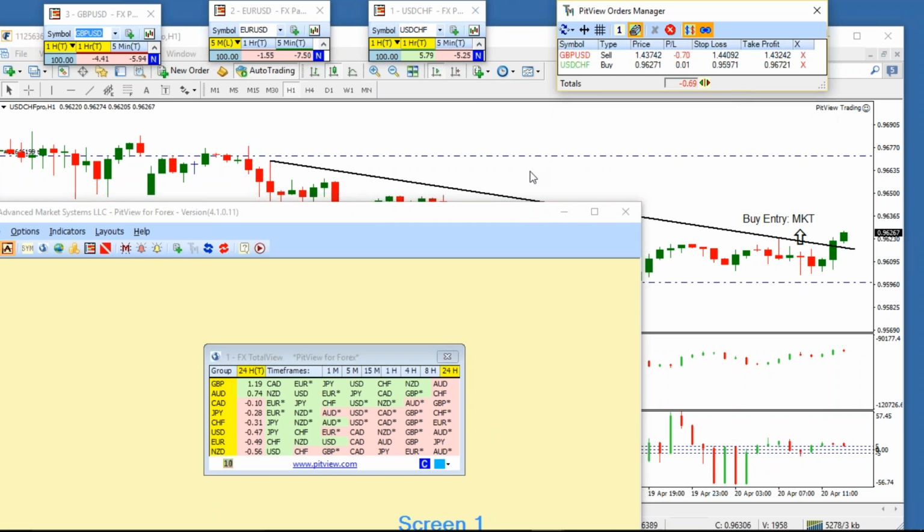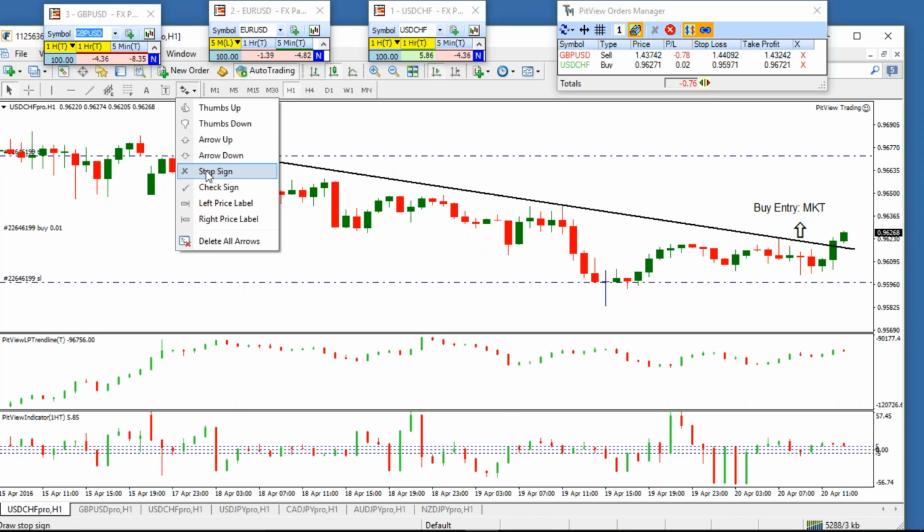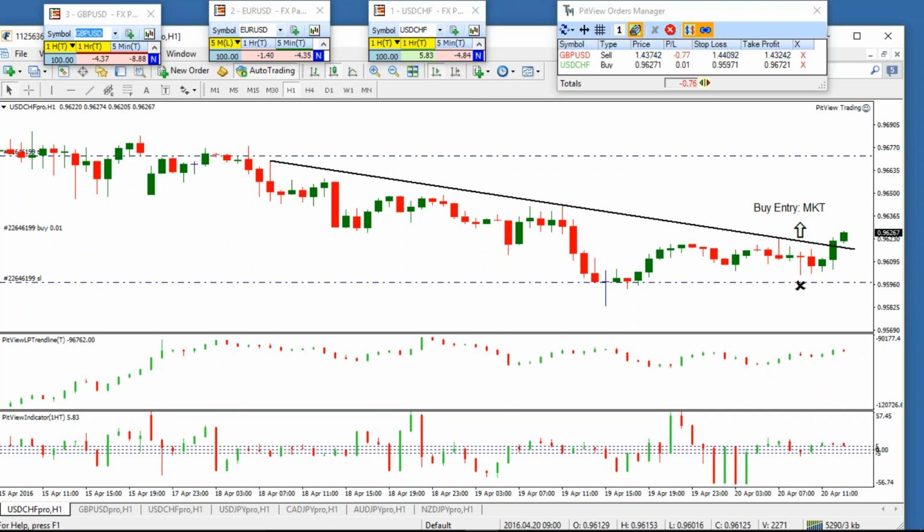So let me bring this up a little bit, and I'll talk about the pound trade that I'm in. You should be familiar with it because it's one that we covered yesterday during class and yesterday afternoon, where we were looking for the retracement on the pound. So I've got my stop right below here.